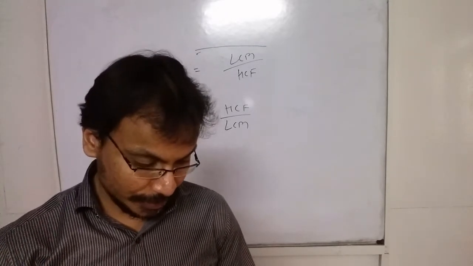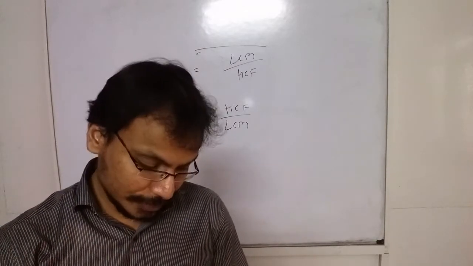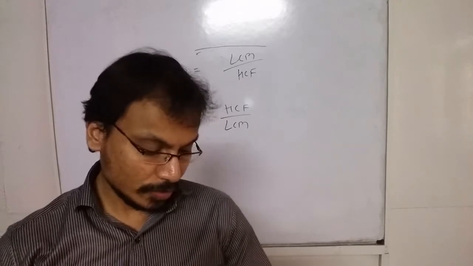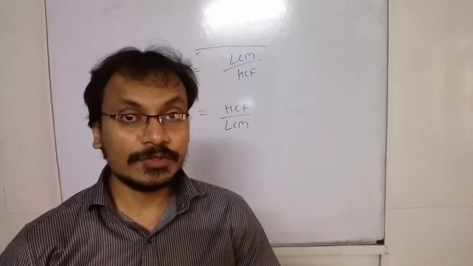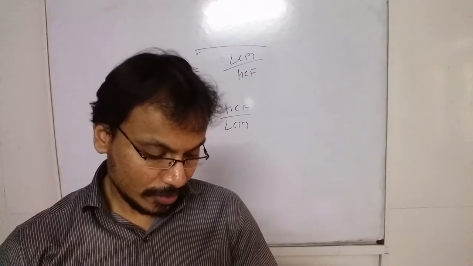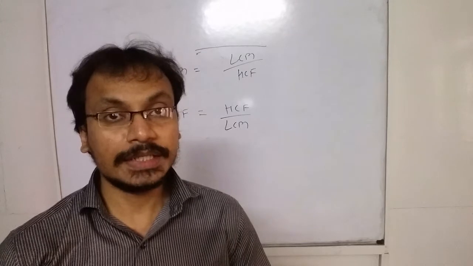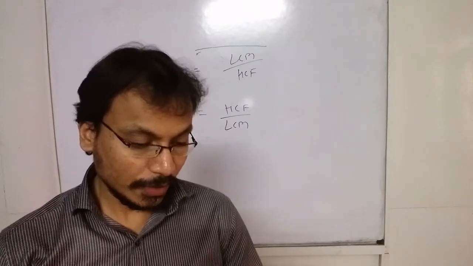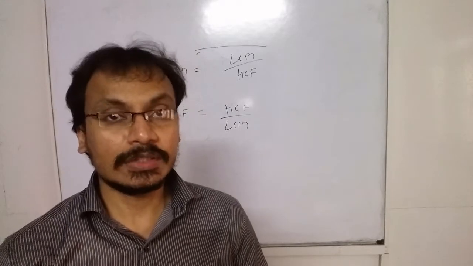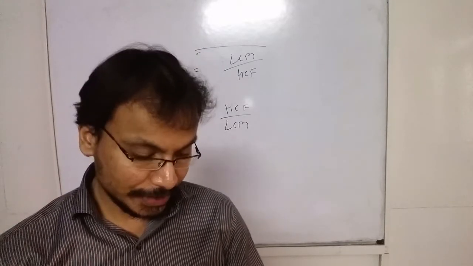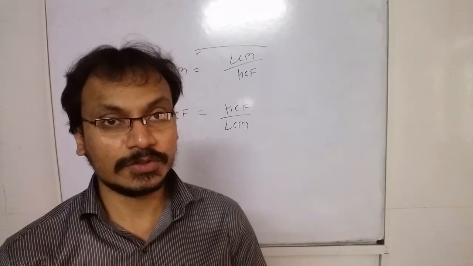This is a question given in this book. Okay, one more question I have. LCM of 22, 54, 108, 135 and 198. So solve these questions for LCM. Comment your answer in the comment section, and then we are going to start HCF also.